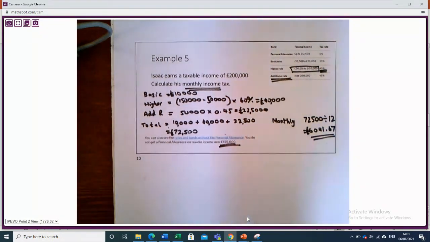Okay, that's it on income tax. Next lesson, we will look at national insurance, student loans, and how to calculate your monthly pay.